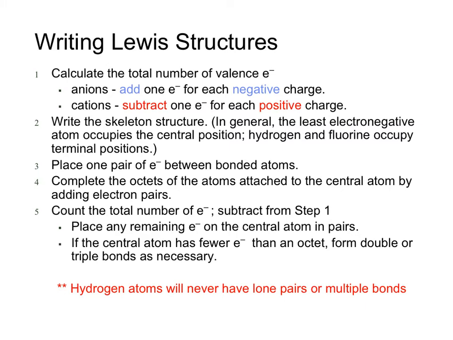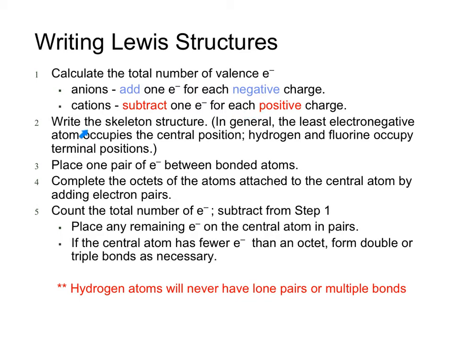And so here's a list of rules that we're going to use when we write Lewis structures of compounds. The first thing that you want to do is to calculate the total number of valence electrons for all atoms in the compound. If you have anions, you then add electrons for your amount of negative charge. For cations, subtract electrons for your amount of positive charge.